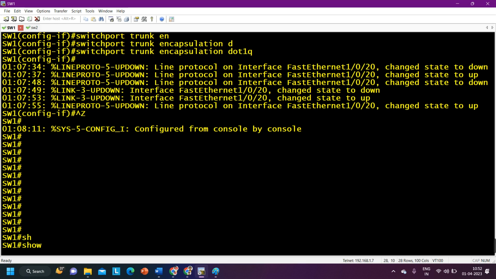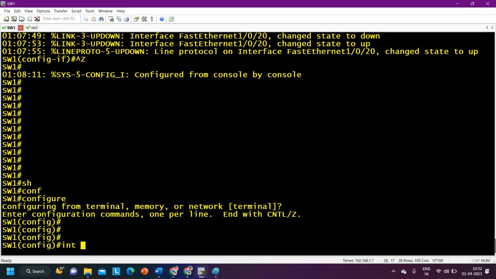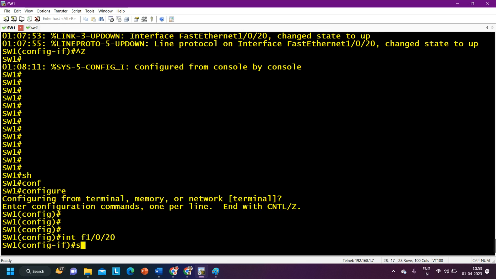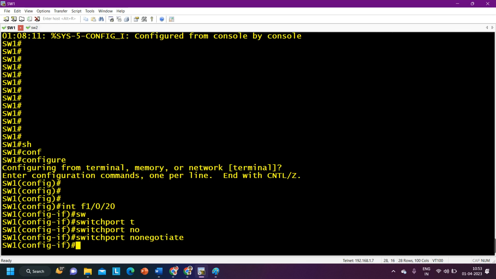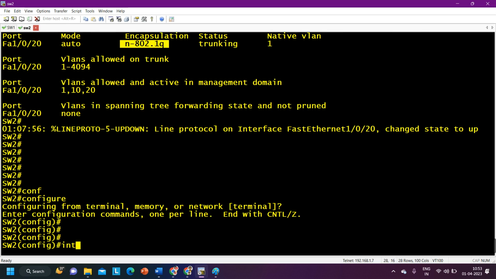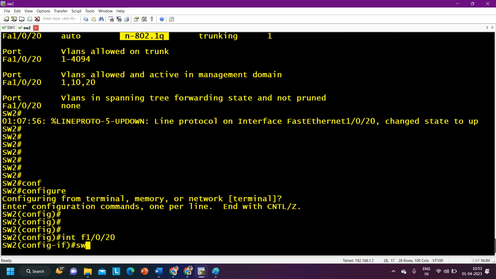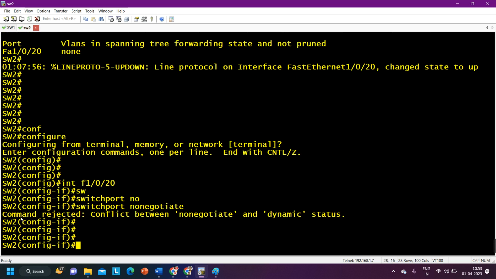So config t, interface f1/0/20, say switch port trunk encapsulation, switch port no negotiation, right? Here also interface f1/0/20, say switch port no negotiation. What is it saying?